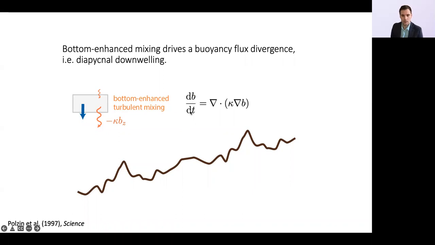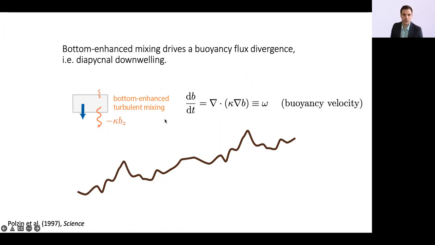And so the material derivative of buoyancy is just going to be equal to the divergence of the turbulent buoyancy flux, where here we're thinking about buoyancy as being filtered over scales larger than the mixing process, and thus the diffusivity here representing an effective turbulent diffusivity many times larger than its molecular value.